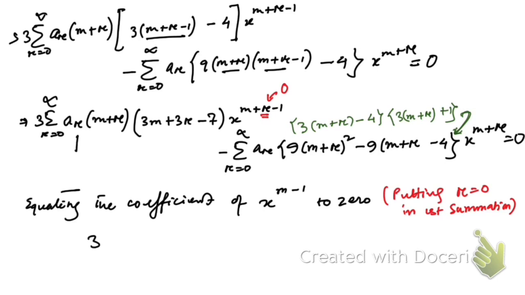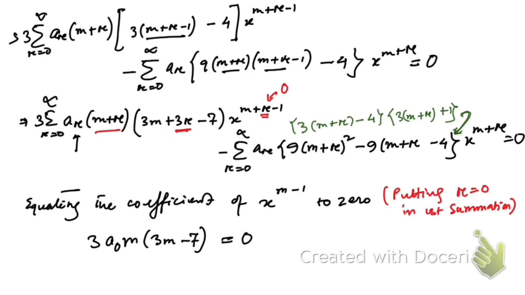So if you put r is equal to 0 here, then what's gonna be the term: a naught m plus, here m plus 0 will be m simply. Just write m. Then here this term is gonna be 0, so we're gonna have twice m minus 7, right? This is the coefficient of x to the power m minus 1 on putting r is equal to 0. That's what we have got, and we're gonna equate this to 0. So that is the rule.